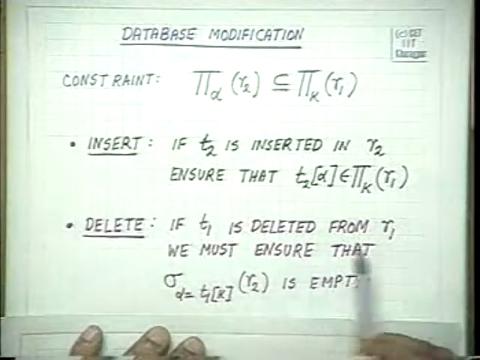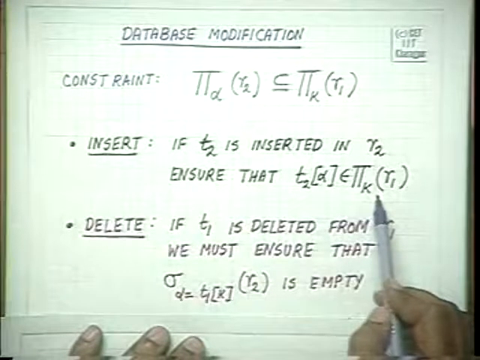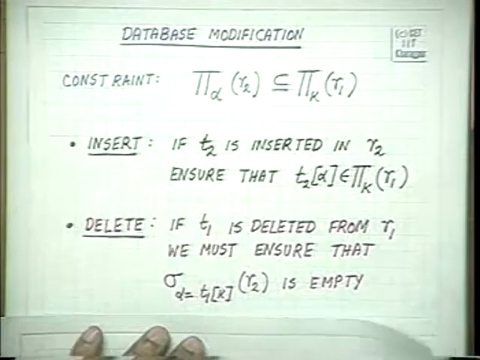That should not happen. We must not delete an element from the relation book which is being currently borrowed by somebody. That means some mischief is going on. So, this check must be made. During insertion this check must be made, and during deletion this check must be made.